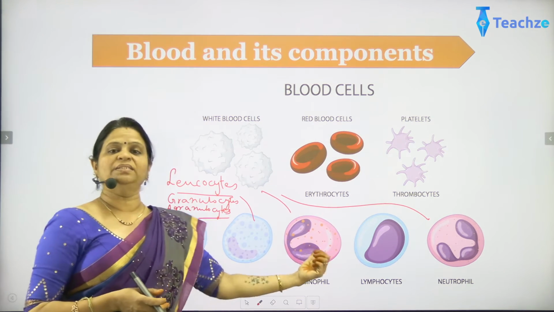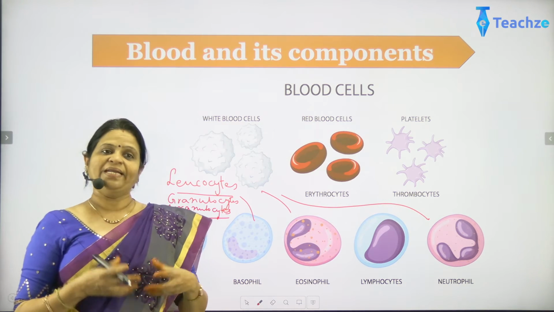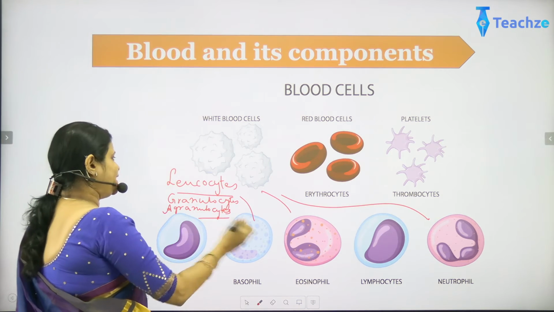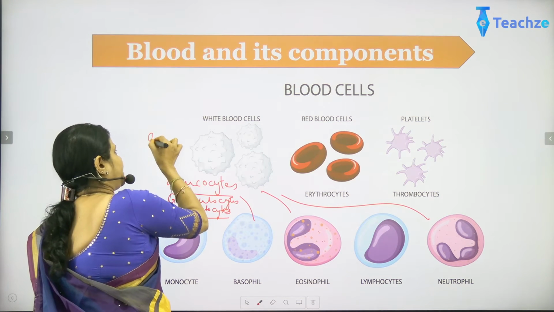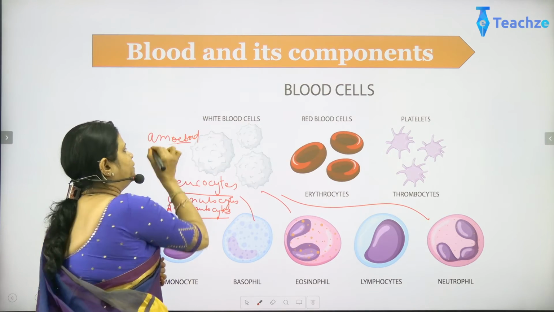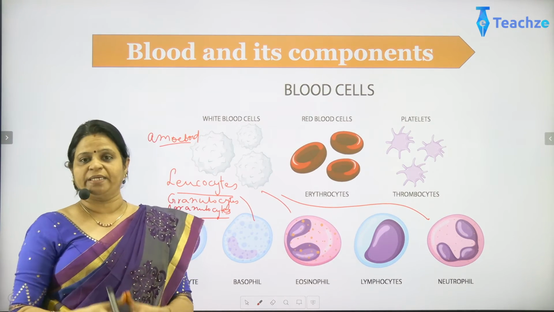So one common characteristic of all these WBCs is that whenever they want to fight diseases, they change their shape. These cells do not have a definite shape, so we call it an amoeboid shape, because you all know an amoeba does not have any fixed shape. And why do they need this particular shape?